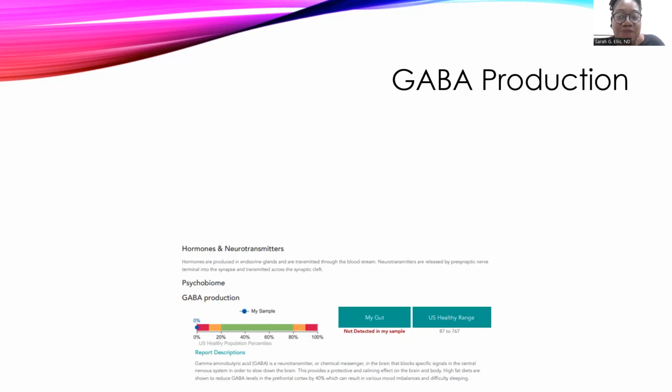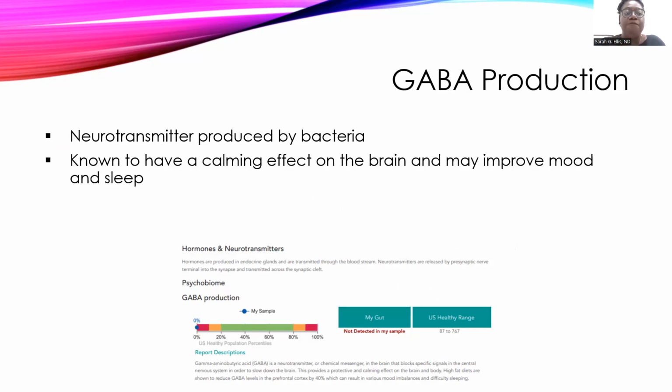GABA production. GABA is a neurotransmitter that is produced by bacteria in our gut. It's known to have a calming effect on the brain and may even improve mood and sleep.